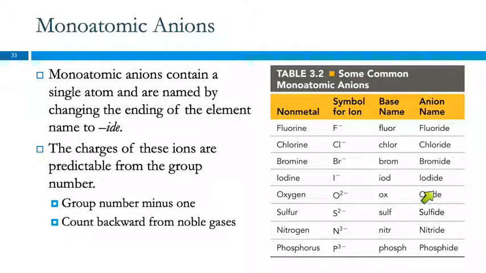Iodine changes to iodide, right? You like that, don't you? Phosphorus, phosphide. Now, with phosphorus and nitrogen, this part kind of comes and goes sort of randomly. I'm not going to try to trick you with that. Just watch out for it. The group numbers for these ions are predictable from the periodic table. Count backwards from the noble gases or group number minus 8. Okay?